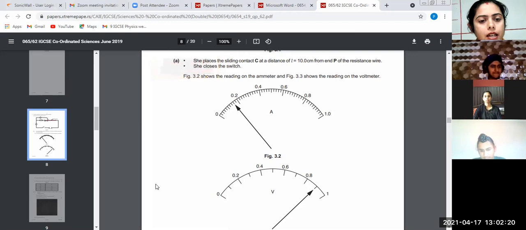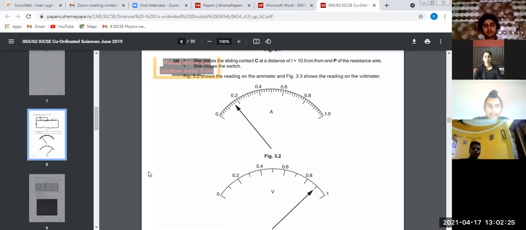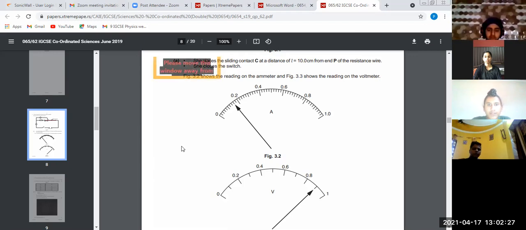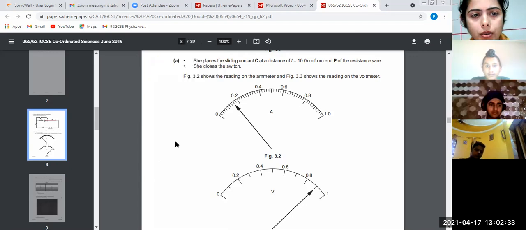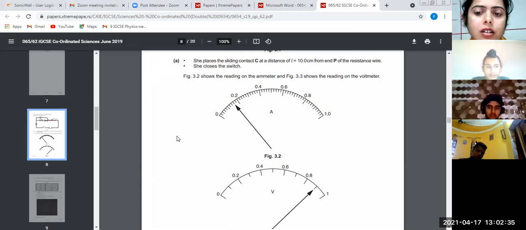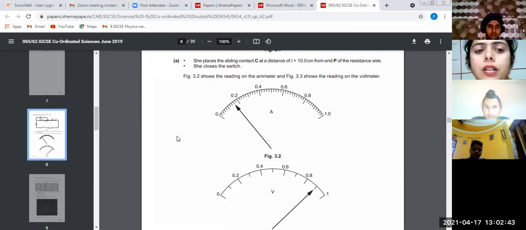Yes Harkirat, done? Yes, ma'am. One gap is equal to, ma'am, 0.2. Sorry, ma'am, 0.02 ampere. 0.02? No beta, the ammeter reading is not 0.02, it is coming wrong. No no, ma'am, I am talking about usually the reading. Okay, you are telling the least count, yes?